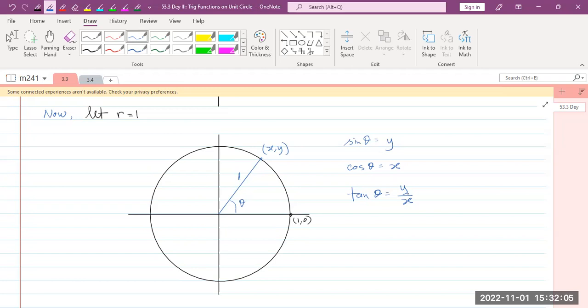Then the coordinate on that unit circle, this x comma y here, actually represents x is cosine theta, y is sine theta, of the central angle theta in standard position. This is definition 3.